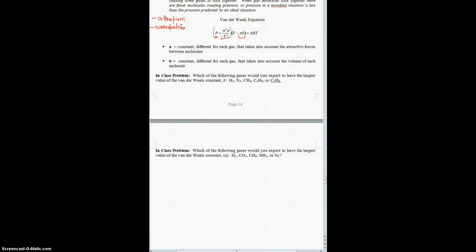Okay. So if gas particles have intermolecular forces between them, that is going to lower the gas pressure, okay? And the amount of attraction between gas particles depends on the concentration of gas particles and the magnitude of IMF. So this n squared over V squared part of our equation corrects for concentration.